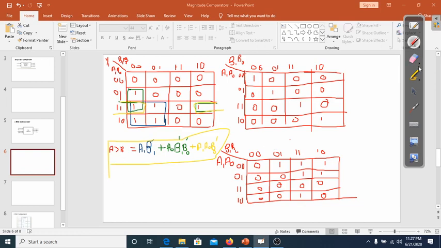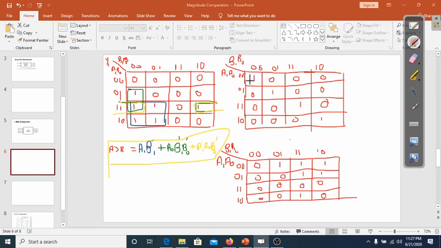Now let us solve when A and B are equal. In this case, no one box is adjacent to any other.